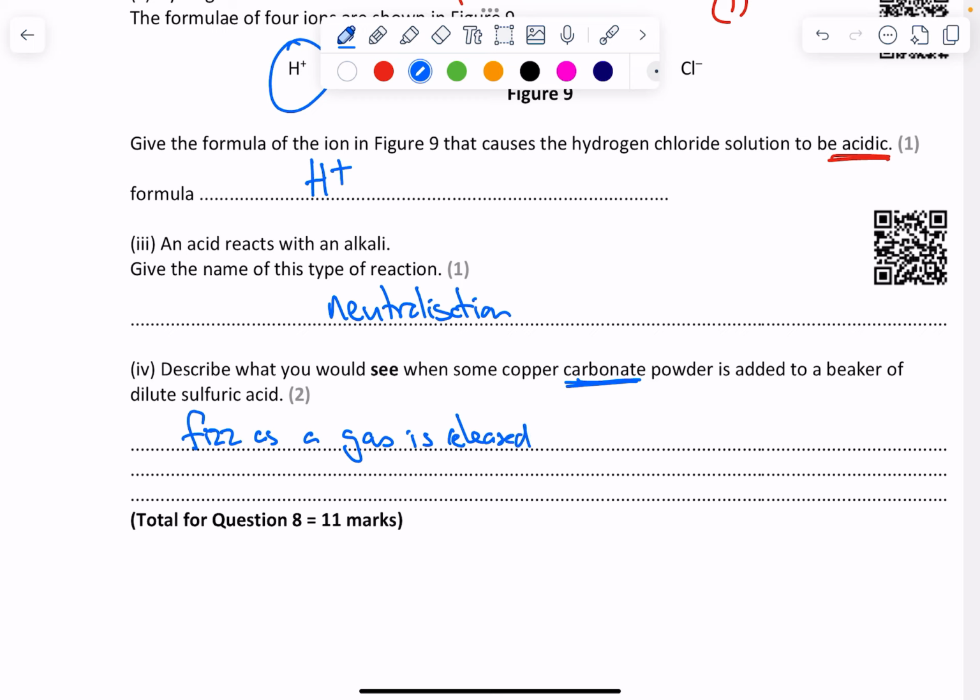Now there's 2 marks, so I'm not going to get both marks for that. The other thing that we'd see is the copper carbonate powder that we added would disappear. So I'm going to put in here that the powder would disappear as it reacts. 1 mark for each of those.